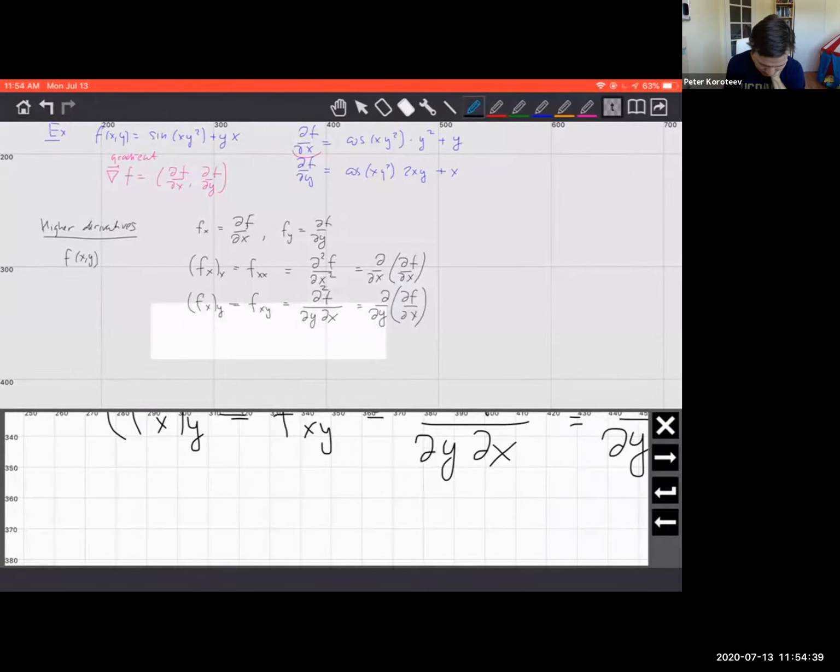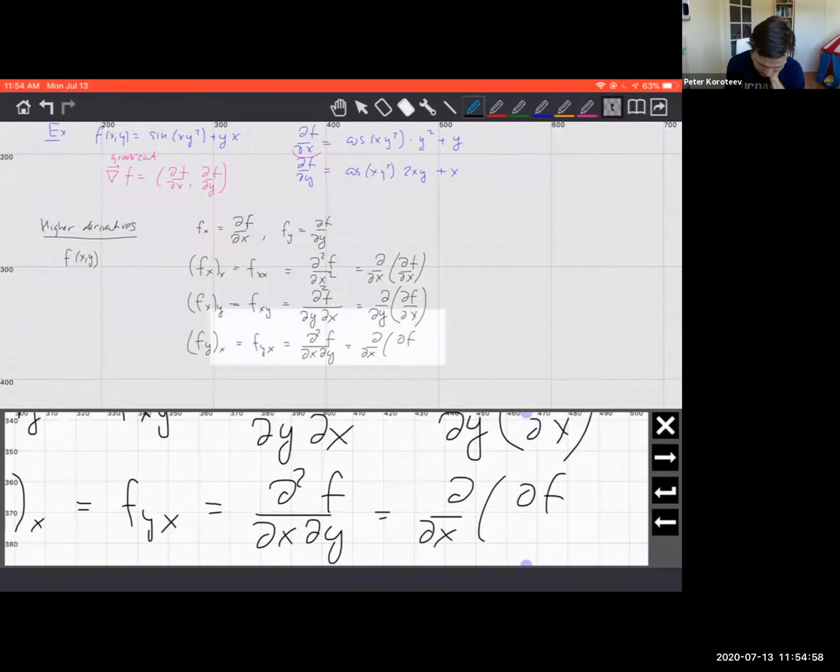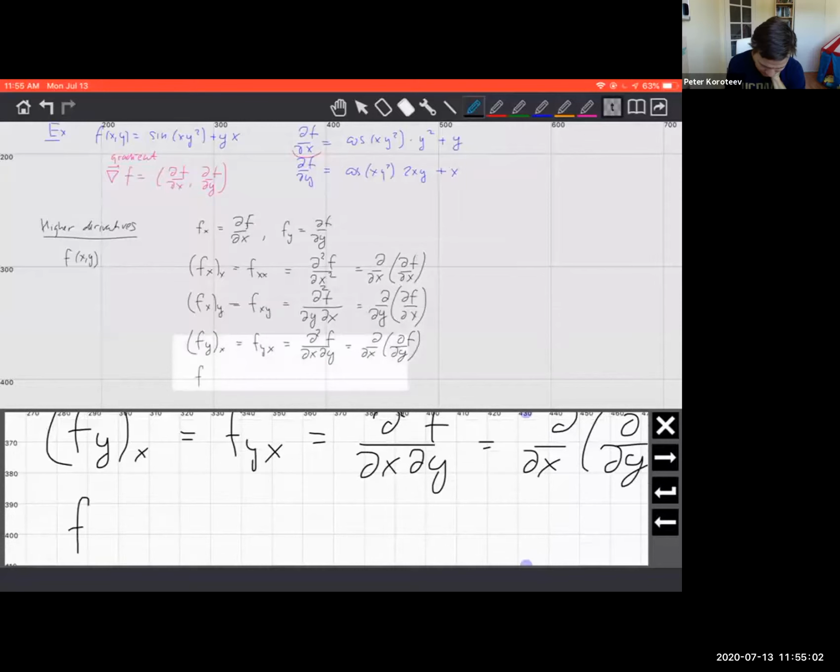Then we can do it in the opposite direction, right? We can do f_yx, which is in a different order. It may be different. We'll see it soon. I hope by now it's clear what's going on. So we take derivatives in a given order, and finally you can do f_yy.